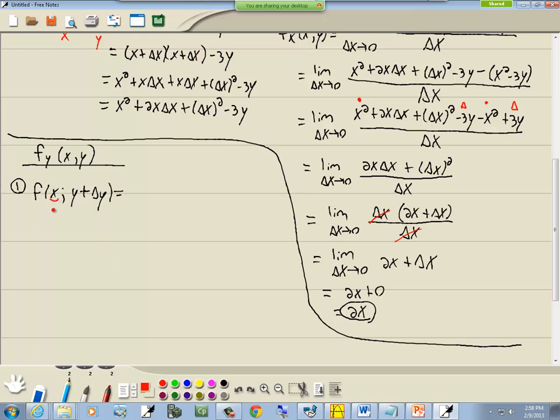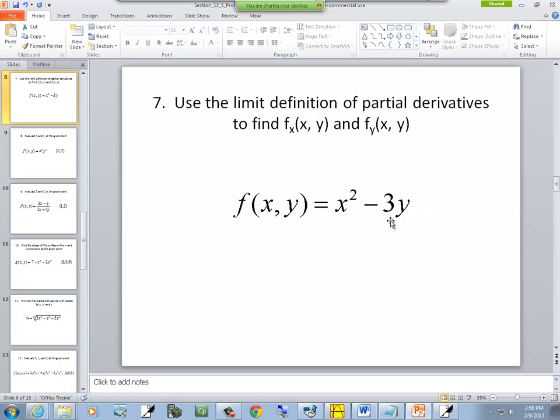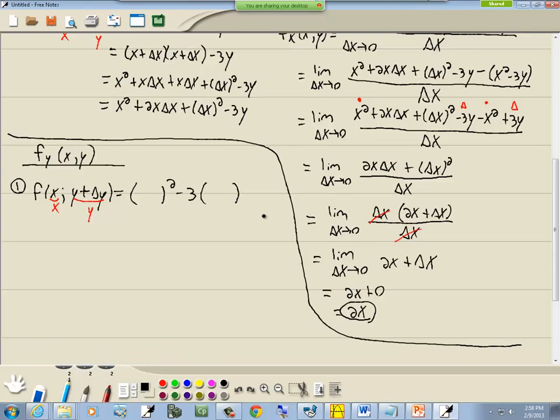We're going to plug this in for our y into our original function, so x remains x. The original function was x squared minus 3y. So I go through, and everywhere I have a variable, I put in parentheses. x is x, and y is y plus delta y, which gives us x squared, and I'll multiply the negative 3 through, so we've got minus 3y minus 3 delta y.